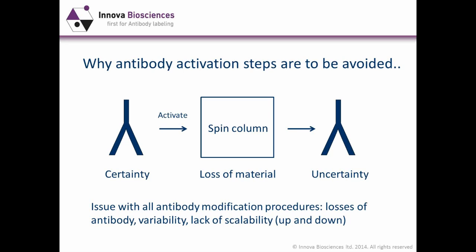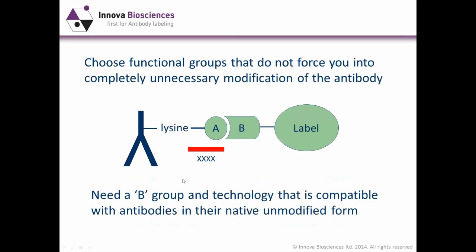And this is an issue with all antibody modification procedures. Losses of antibody, variability, lack of scalability, and this is both up and down. So you really should choose functional groups that do not force you into unnecessary modification of the antibody.